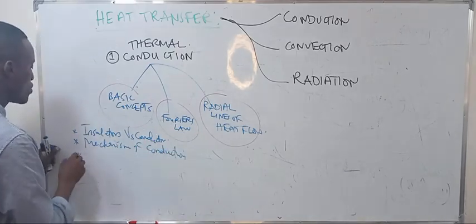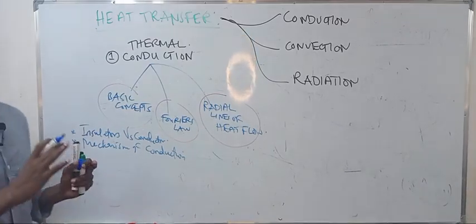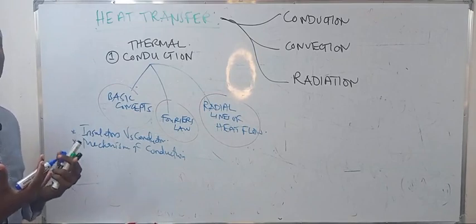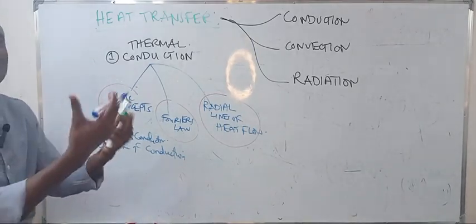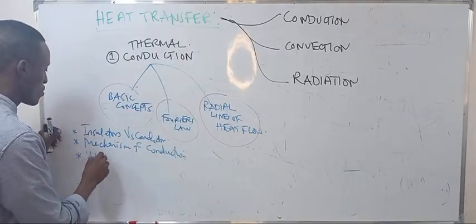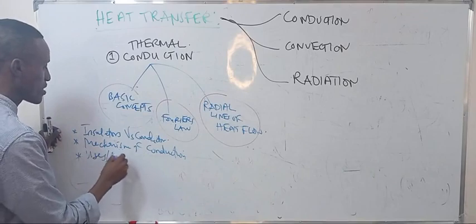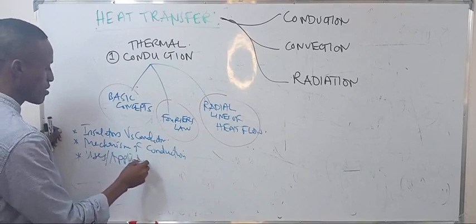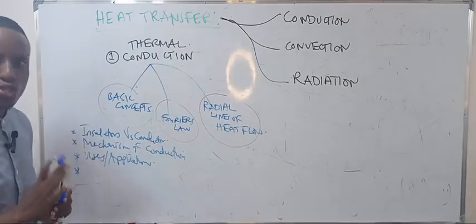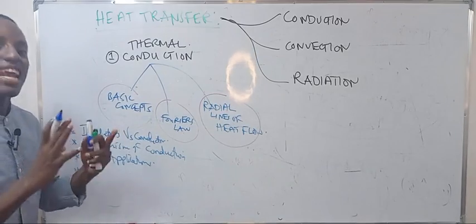Chief, you need to know what it means to say conduction has certain applications. So you need to know the uses or applications of conduction. And finally, you need to know about lagged and unlagged material.